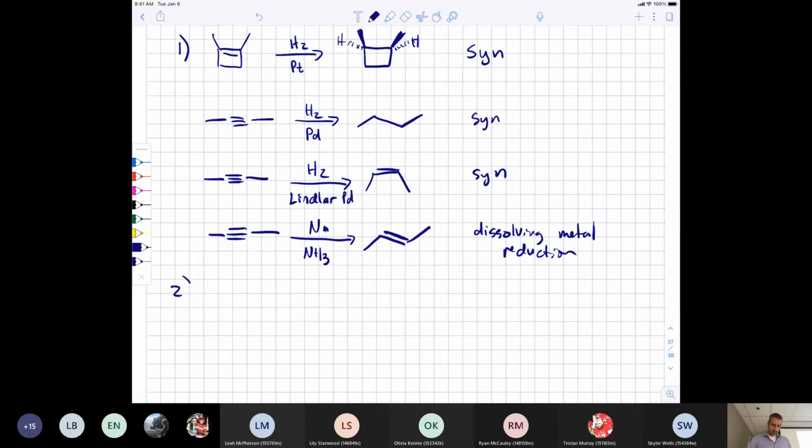and then we went to addition of HX. So if you have something like this, we had a mechanism for this where you'd have initial, let's draw the bond out here.